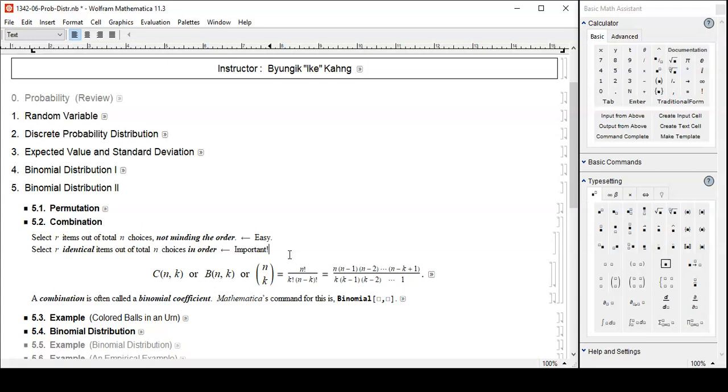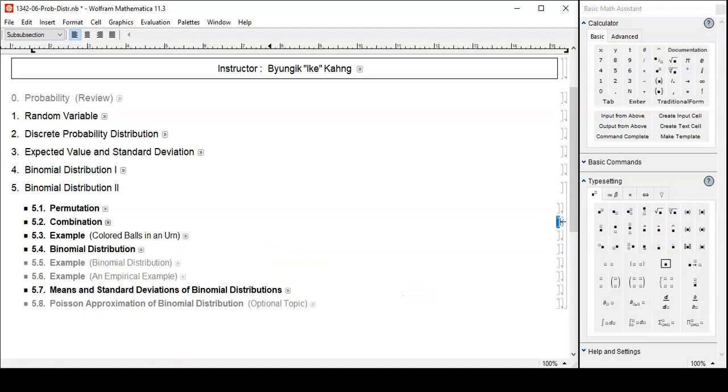The problem explicitly says in order, but it's not in order because the items are identical and cannot be ordered. Strange, but that's the nature of combination and binomial. Now, if you do not understand that, just never mind and take it as a formula: n factorial over k factorial times (n minus k) factorial.